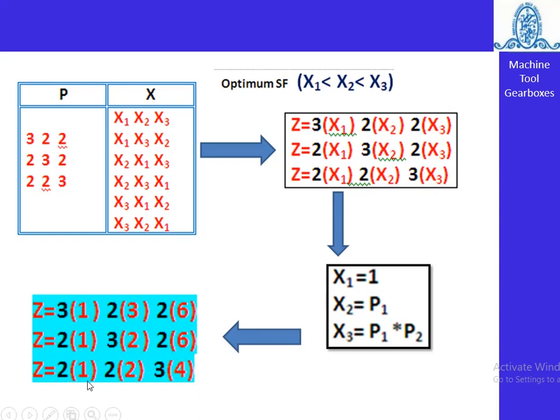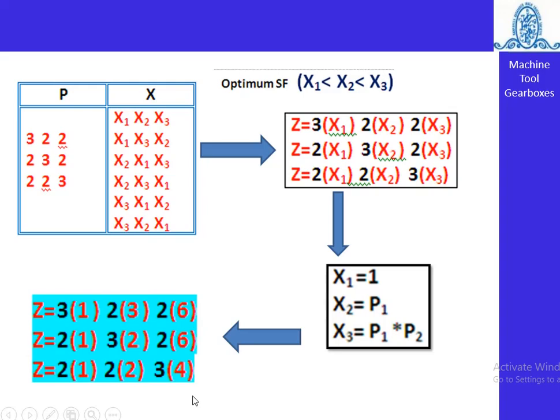Again z is equal to 2 of 1, 2 of 2, and 3 of 4. So again you will find the value of x1 here is 1, x2 is 3, x3 is 6. So x is continuously increasing. In the second case also x is increasing, in the third case also x is increasing. So we can say that it is the optimum structural formula.